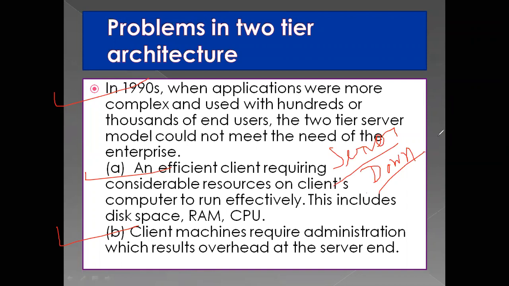So when the same application is being requested by, suppose, thousands of users, the server might not be able to serve those thousands of requests at the same time, and in such situations we usually face this problem. That is the problem in the case of two-tier architecture.